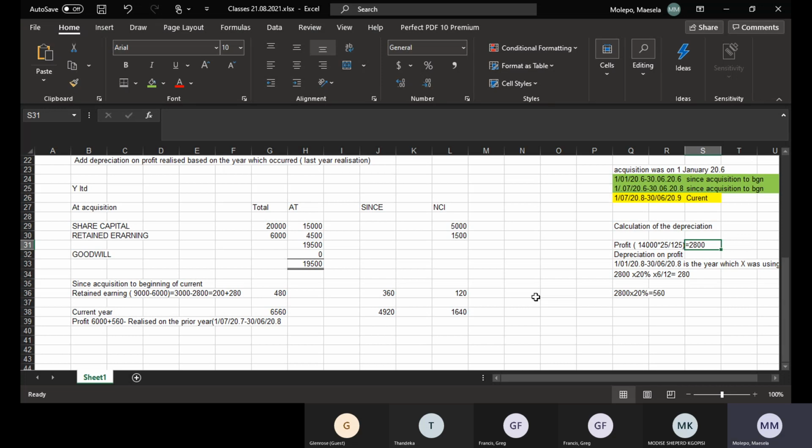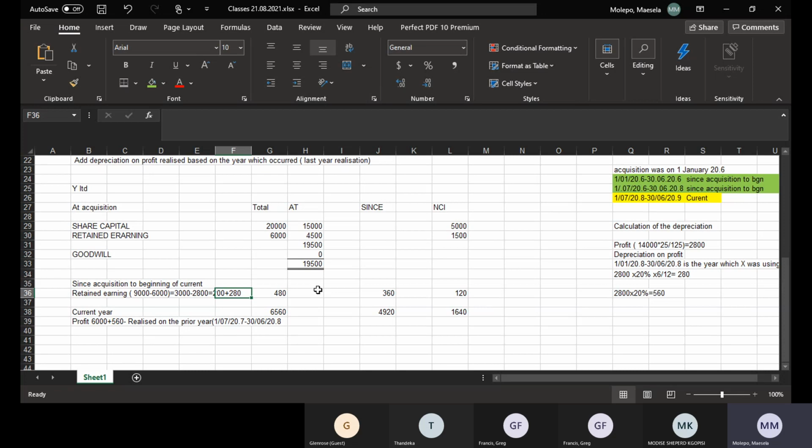Then the accumulated depreciation part: the depreciation of Y Limited, being the 560, is a depreciation he realized during the current year. The 560 comes from the current year usage of the asset, and then the retained earnings is based on the 280, the one which we did before, of the realization of the prior year, from the date he acquired the asset up to 30 June 2008.